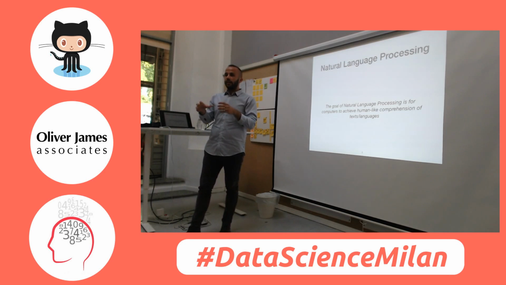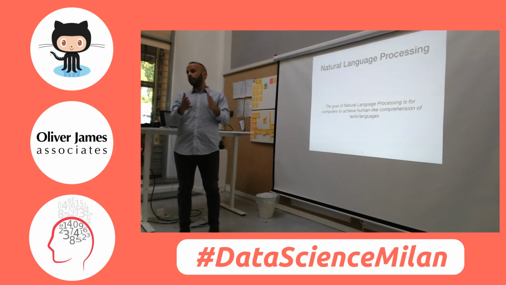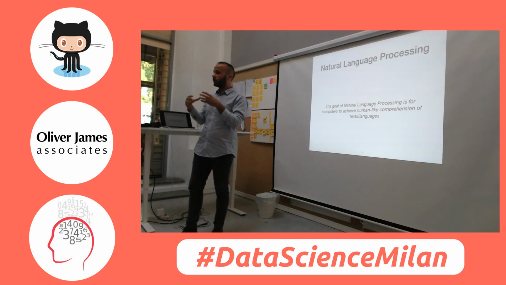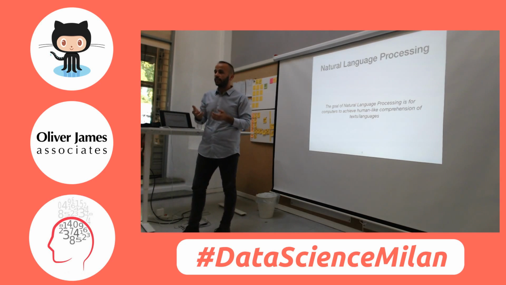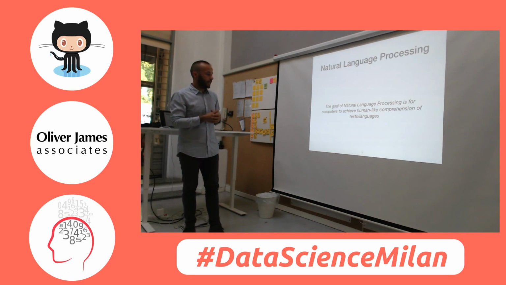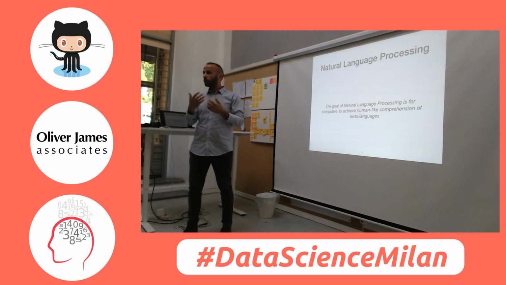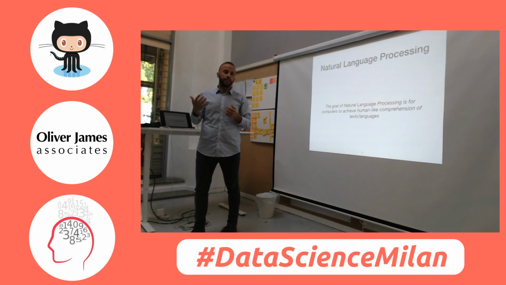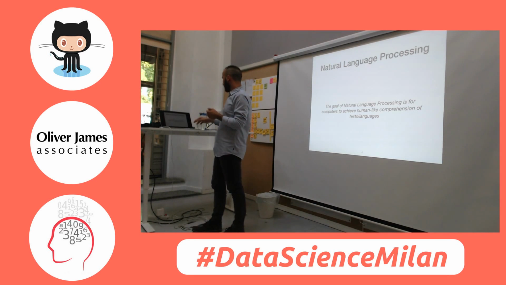We did it with the human brain. Now, what NLP does is try to translate the same concept to machines. So we're trying to give the machines the power to comprehend the text and the language that we write. Somebody can say, okay, this is too futuristic for me. But the techniques are not that far away.